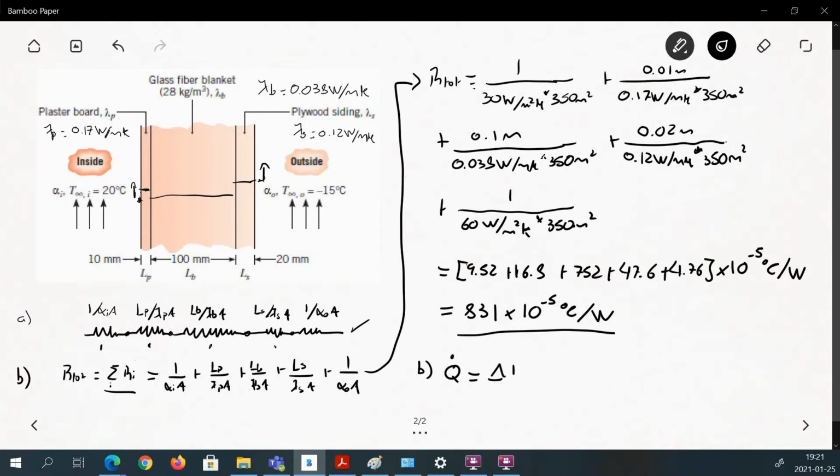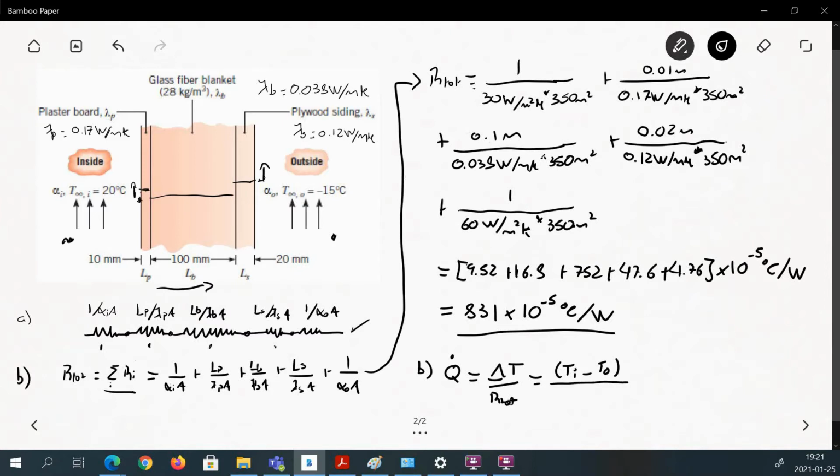So we have delta T over R tot, and this is delta T, which is the one that we have the inside and the outside, which is T inside minus T outside. Why in this way? Because this side, the inside, is warmer than the outside, so we have a heat gradient that is in this direction.